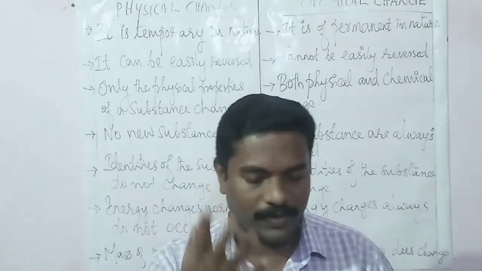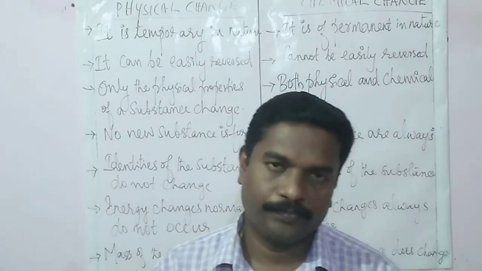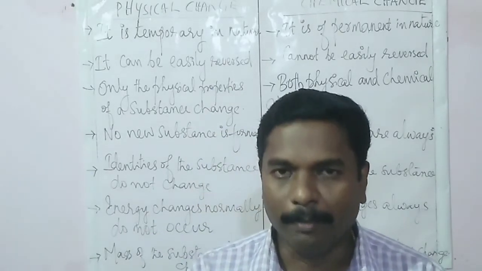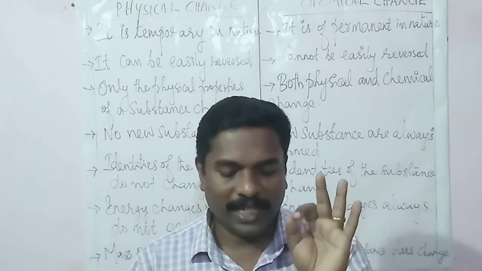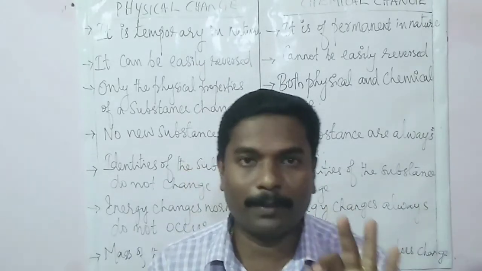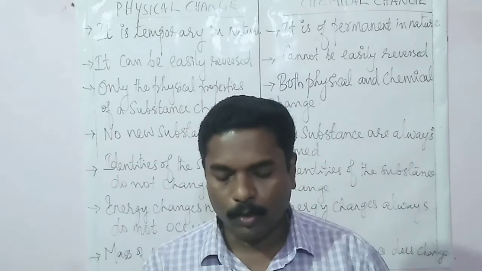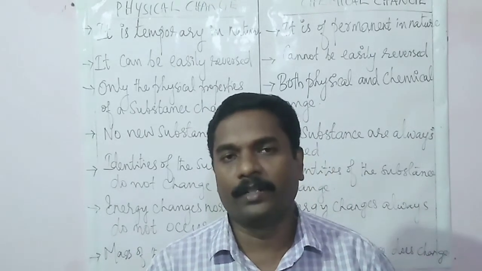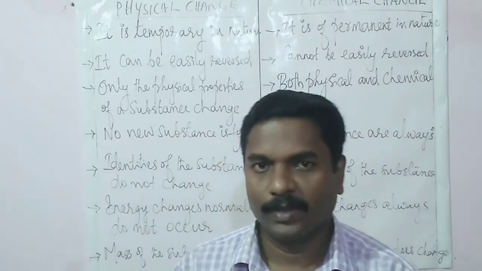Okay? Yes. Then what are compounds? A compound is a substance made up of two or more elements chemically combined with one another in fixed proportions. When two or more elements chemically combine in fixed proportion, we will get compounds. Okay?